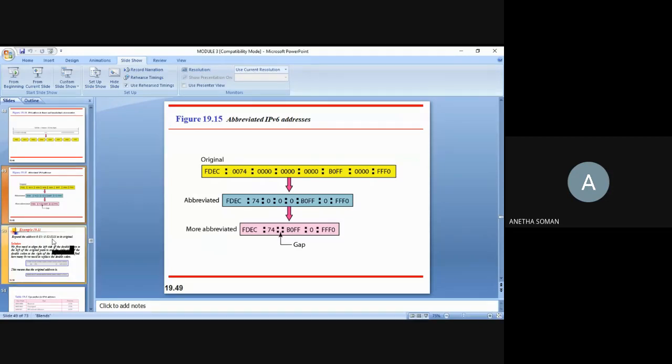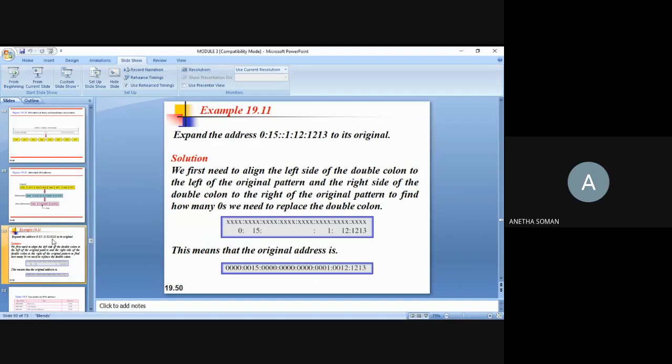Now we will see an example of how we expand an address to its original address. Suppose you have an address as shown in the slide: 0 to 15, double colon, 1 to 12 to 1213. If an address of similar type is given, how will you identify the original address?